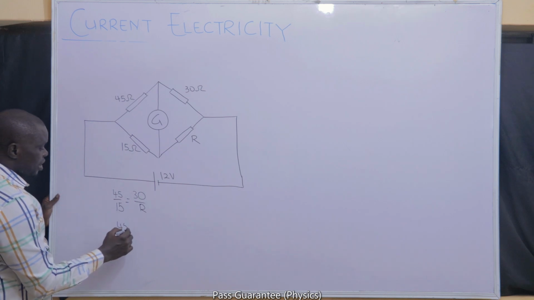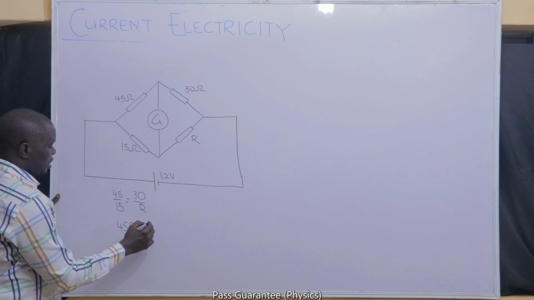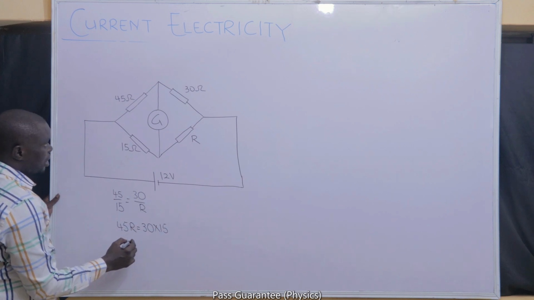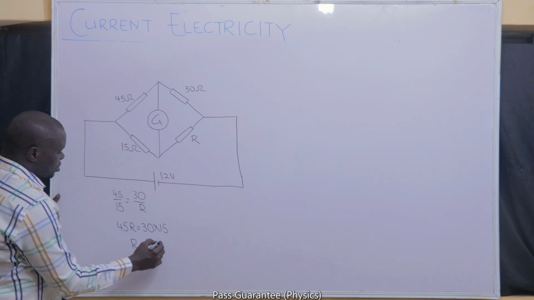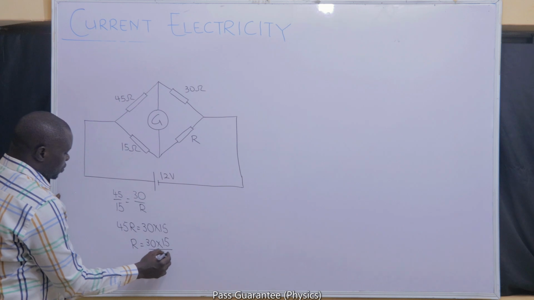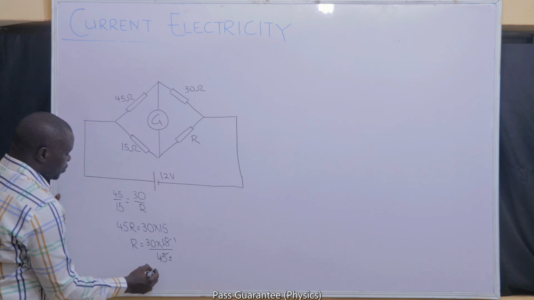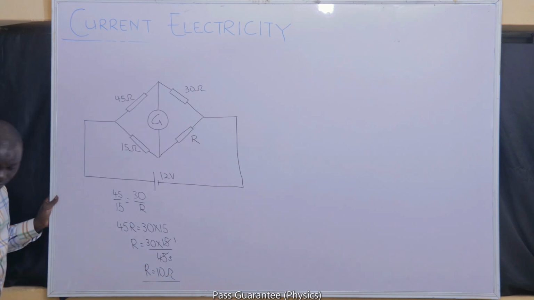We have 45 R is equal to 30 times 15. We'll now say that R must be equal to 30 times 15 divided by 45. 15 here 1, 15 here 3. R should give us a value of 10 ohms. And that is the final answer.